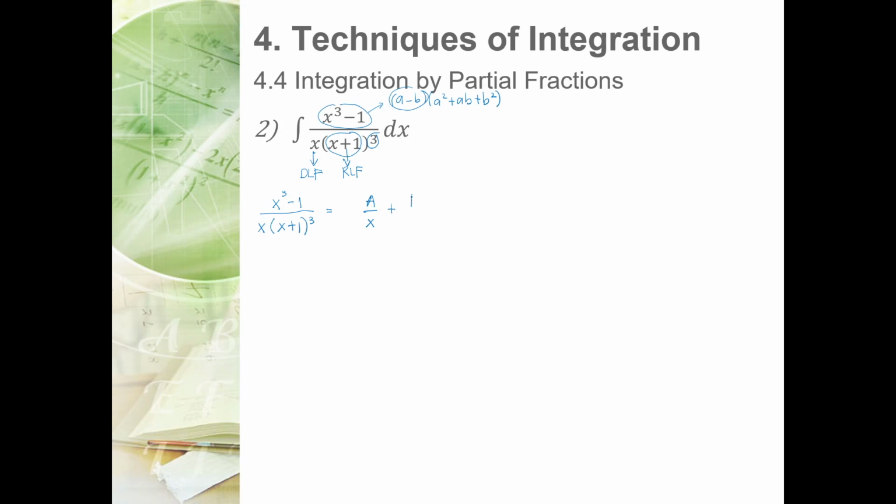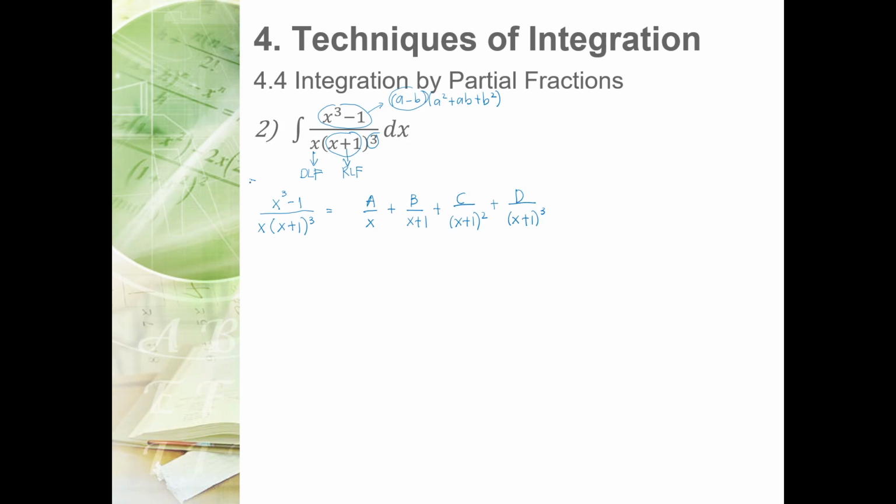Next is b over x plus 1 plus c over x plus 1 squared, and repeating up until you reach the cube, d over x plus 1 cubed.